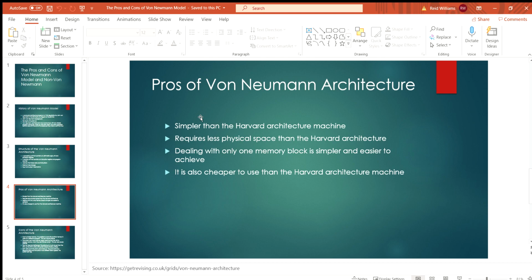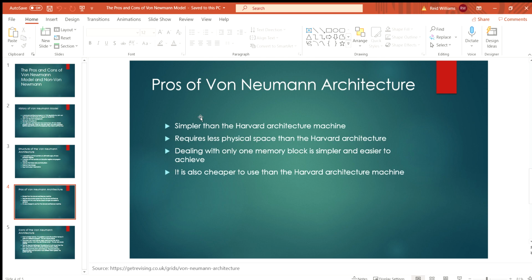The pros are that it is simpler, as I mentioned earlier, than the Harvard architecture machine, as well as other types of architectures. It actually requires less physical space than the Harvard architecture. Some of that comes from the singular bus that shares everything.